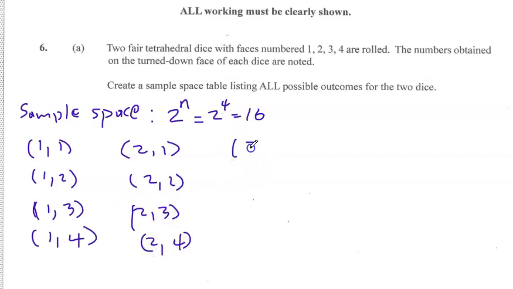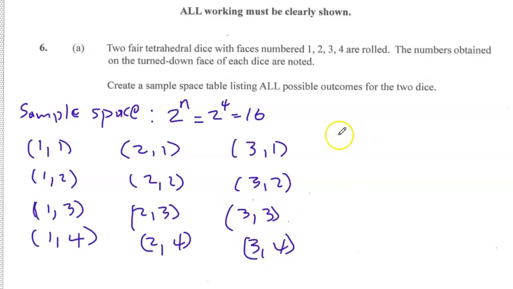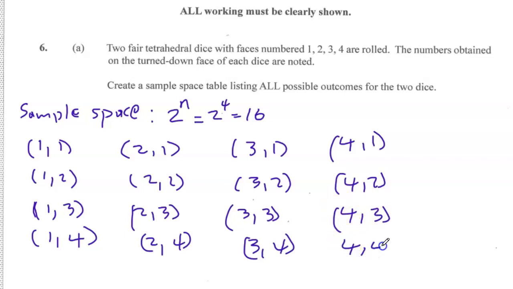Whereas we could have 3 with 1, 3 with 2, 3 with 3, 3 with 4, or we could have 4 and 1, 4 and 2, 4 and 3, 4 and 4. So those are the 16 possible things that could happen.